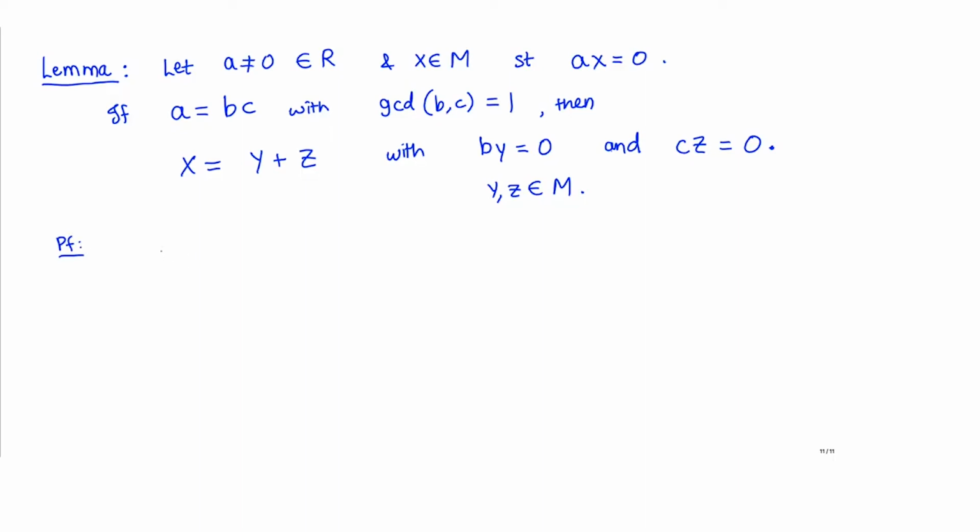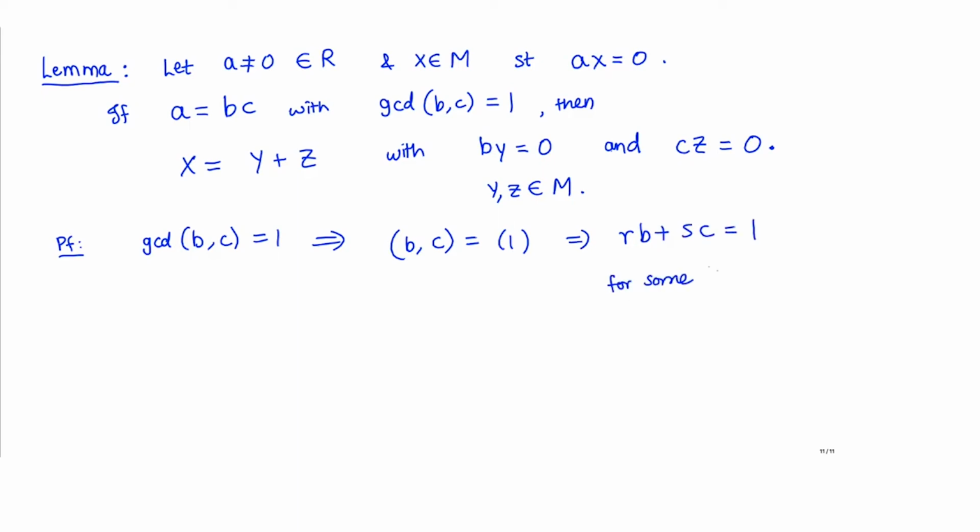So observe that A can be written as BC with B and C relatively prime. All this is under the same assumption as my theorem that R is a PID. So observe as before, GCD of B and C is 1, means that the ideal generated by B and C is the whole ring, which implies in particular that I can write 1 as a linear combination RB plus SC for some R and S belonging to the ring R. Okay, so this is the important property that we keep using.